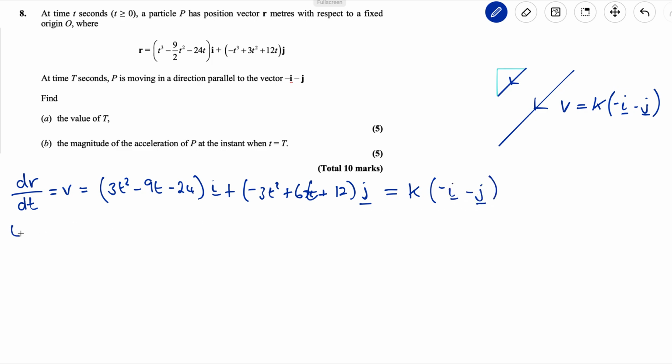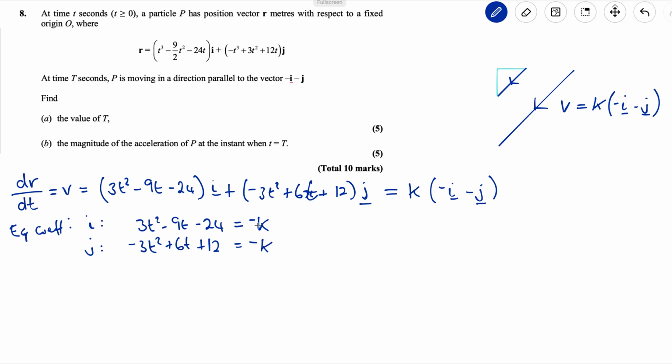So by equating coefficients in the i direction and the j direction, I can obtain two equations. So 3t² − 9t − 24 in i is equal to −k i. And for j, −3t² + 6t + 12 is also equal to −k for j.